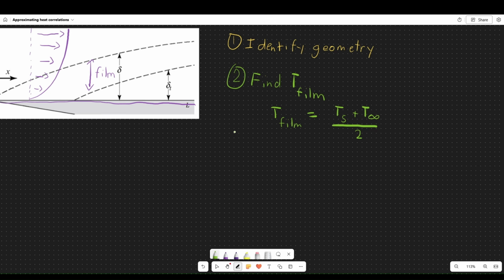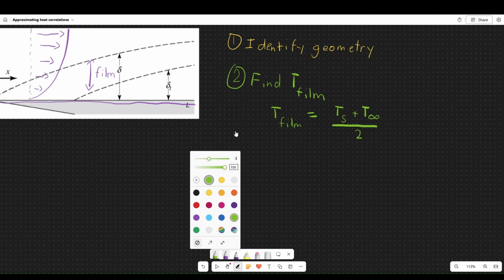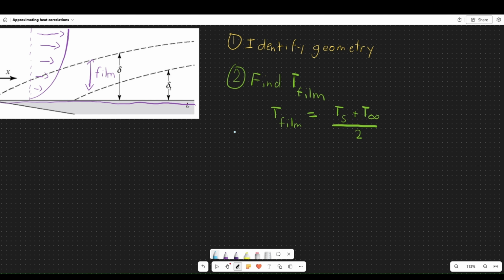All right, so we basically average the two, and then the third thing that we do now that we have that is, let's choose a different color. The third thing that we do is we calculate the Reynolds number and the Prandtl number at that temperature, at T film.